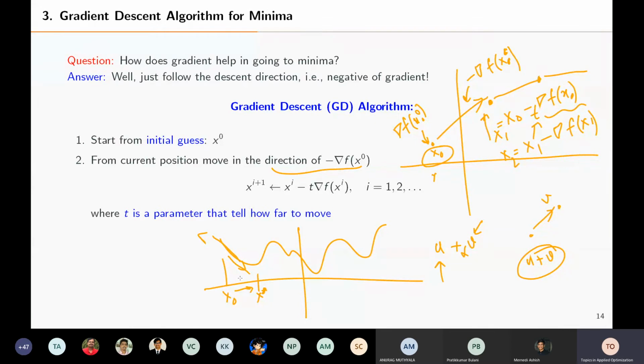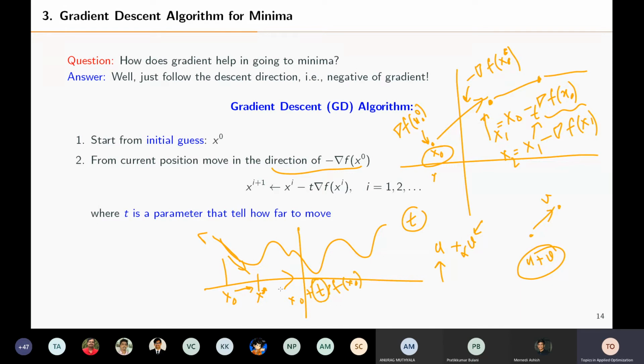But if you go too far in this direction, if you choose a t which is too much, then you will end up somewhere here. So this will be x naught minus t times grad of f that you computed at x naught.